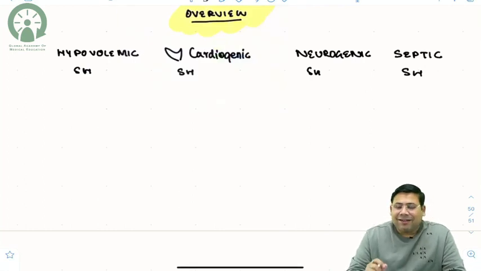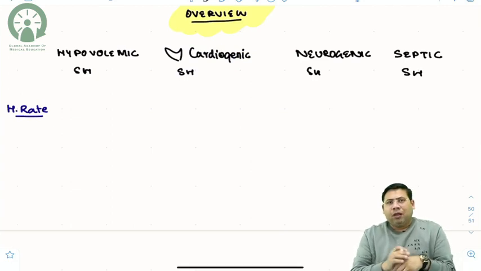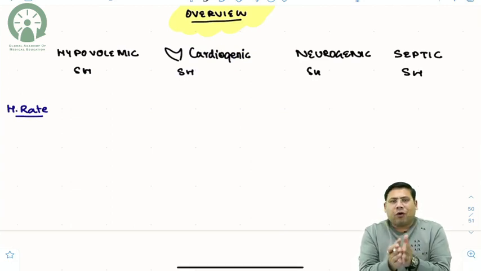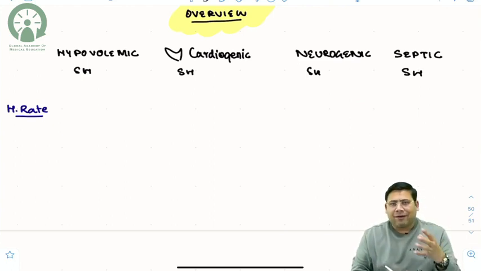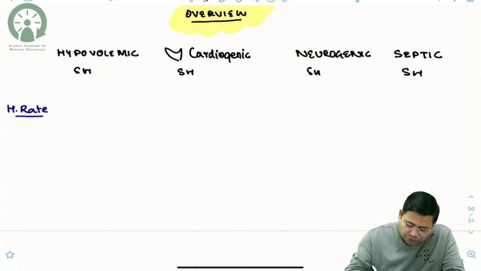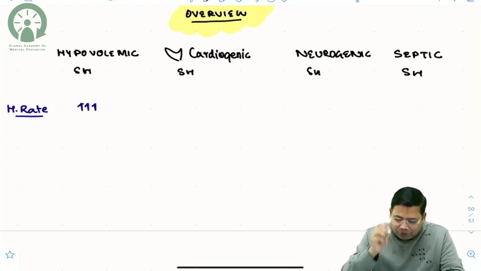The first thing that I will discuss with you is heart rate. What is so important about heart rate? Whenever there is shock, the blood is not coming out of the heart, or the blood volume is less, so the heart is making, or the blood is making, more cycles. So definitely the heart rate is increased in all the types of shock except one. In hypovolemic shock, it is going to increase.